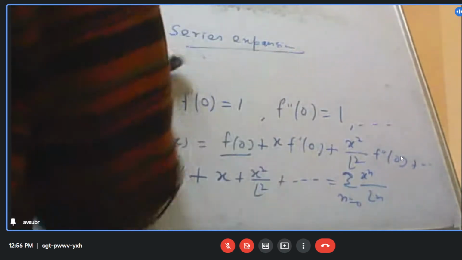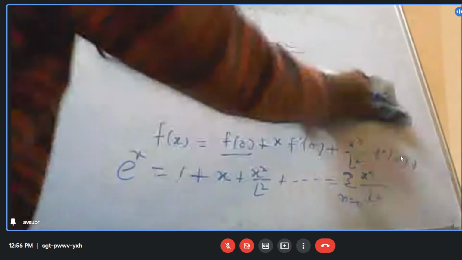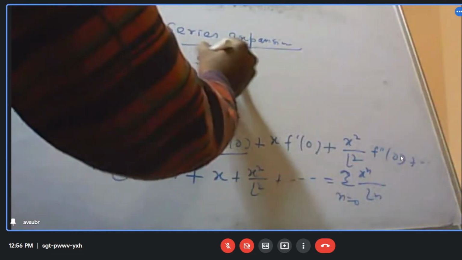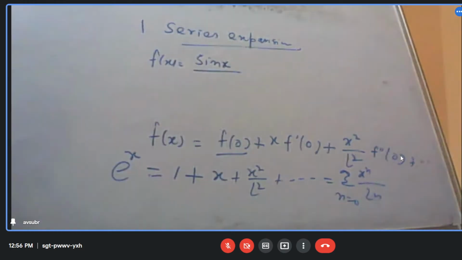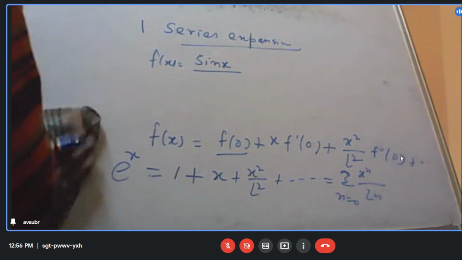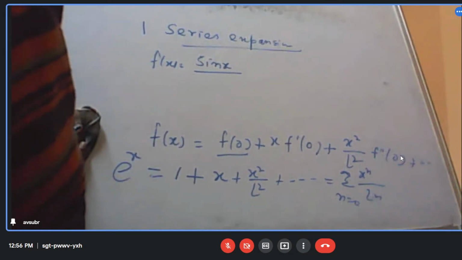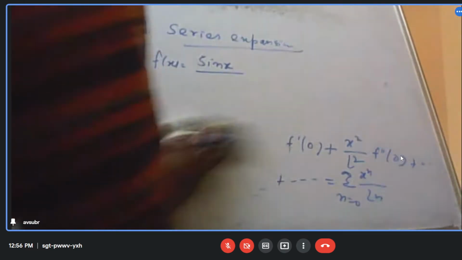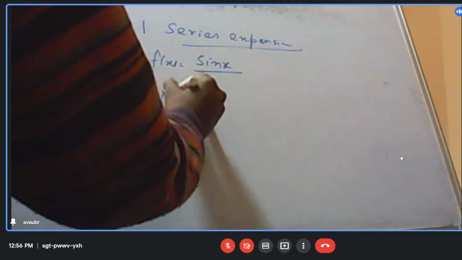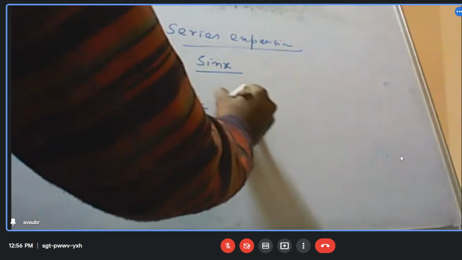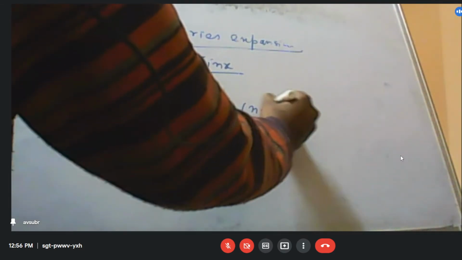Let us take another example. Let us take sin x. The function is sin x. So now the nth derivative of this will be sine of (n pi by 2 plus x).